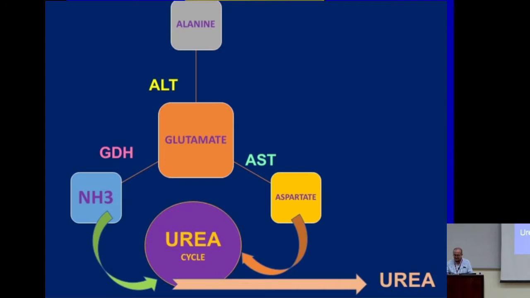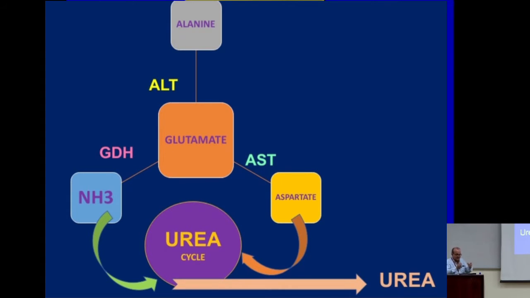So the purpose of the urea cycle is to remove nitrogen/ammonia from cells, from the body, in a non-toxic form, detoxifying ammonia. That's what the urea cycle does.